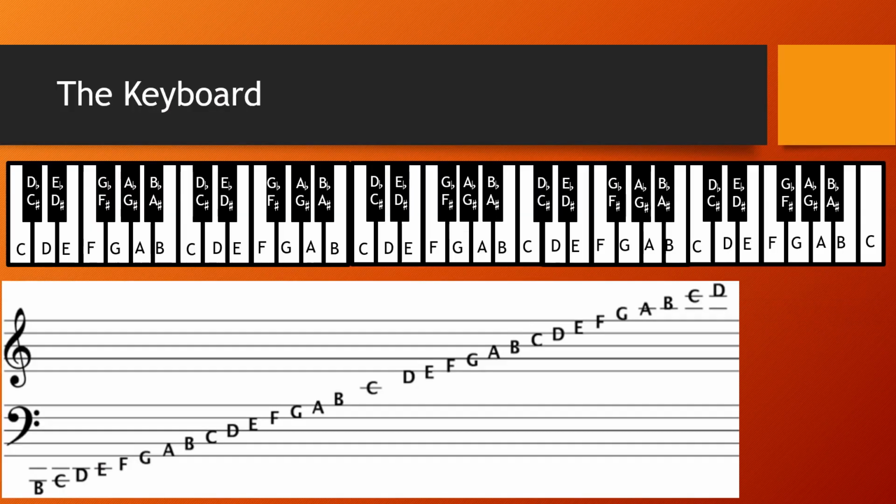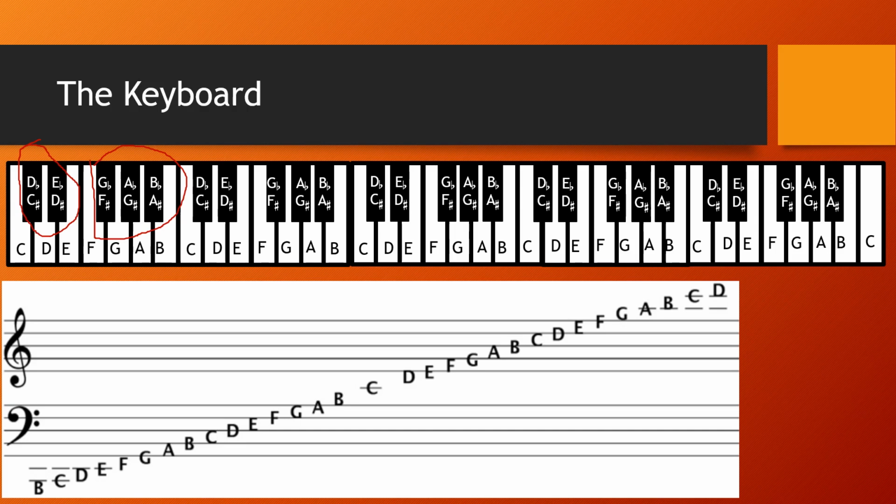The keyboard. The keyboard is an example of the types of musical instruments that are used for making or playing music. It is designed in a specific continuous pattern, having two black keys, three black keys, continuously to the end.